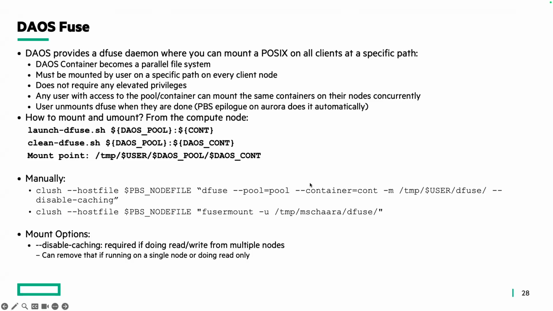This is doing things manually, and you can choose this path anywhere you want. If you use launch diffuse, it will mount it on maybe there's no user here, just temp pool container. Make sense?